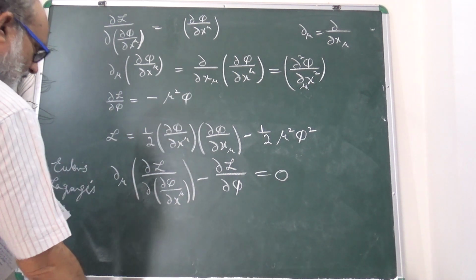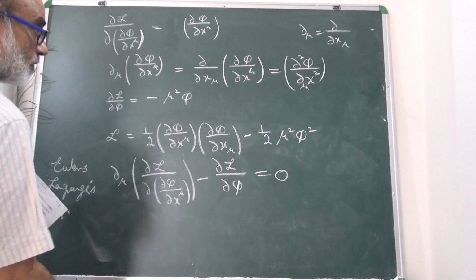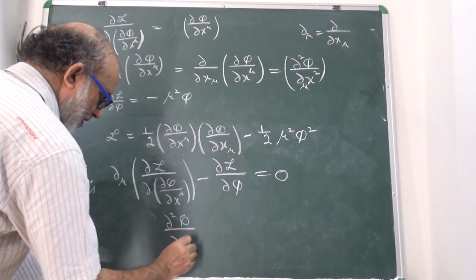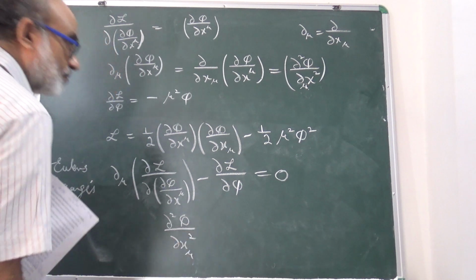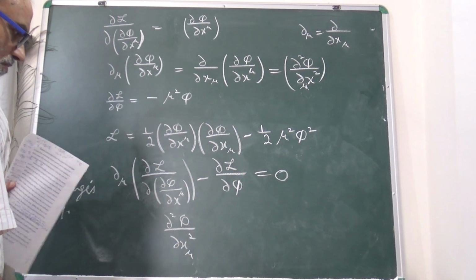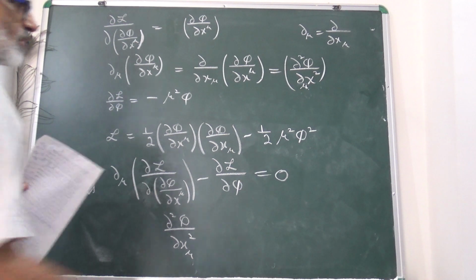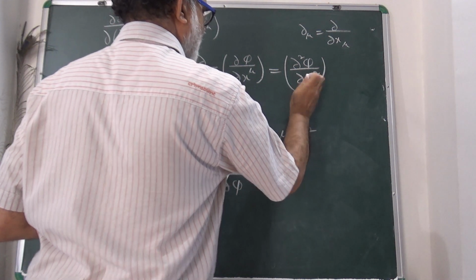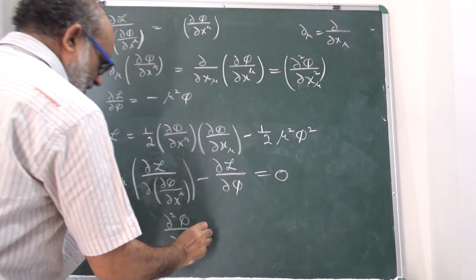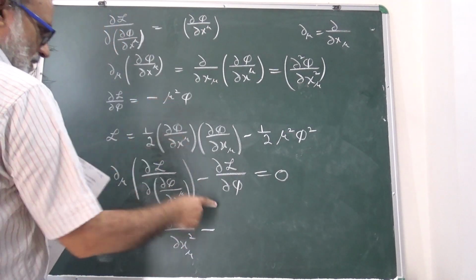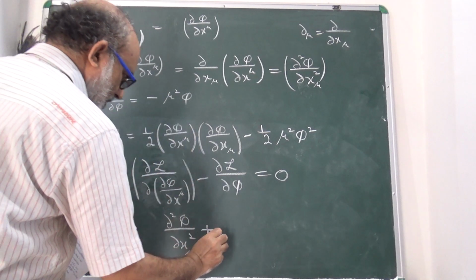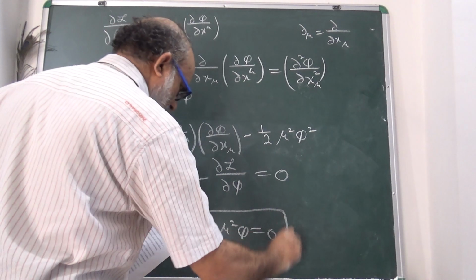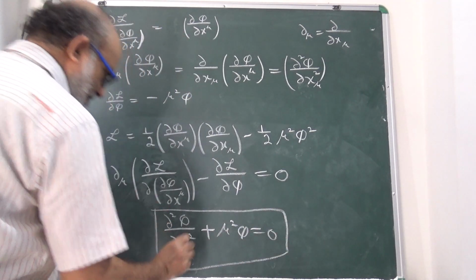So if you substitute this here, you will get del square phi by del x mu whole square, and minus minus makes plus, so plus mu square phi. So this is our equation of motion.